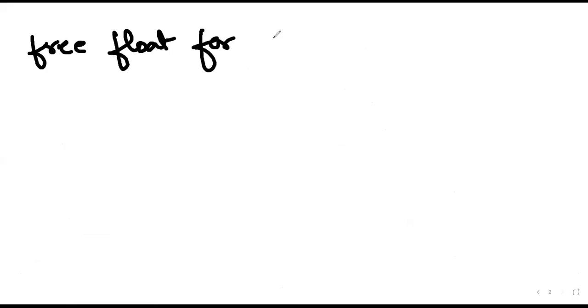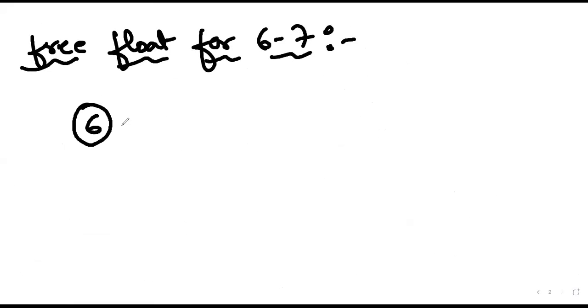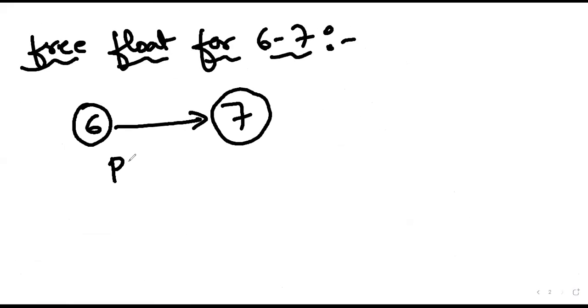We are supposed to calculate the free float for the 6-7 activity. This is the present activity.